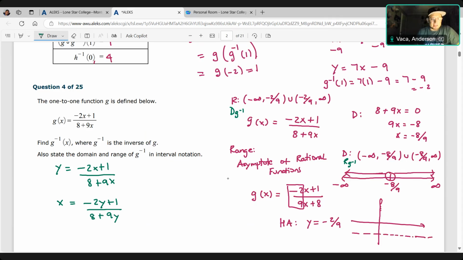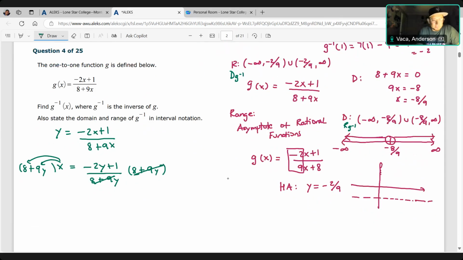It will take a few steps, but let me just remind you that here we're going to multiply by 8 plus 9y on both sides. These quantities will cancel each other out, but here I am going to distribute. That will be 8x plus 9xy. It's equal to negative 2y plus 1.